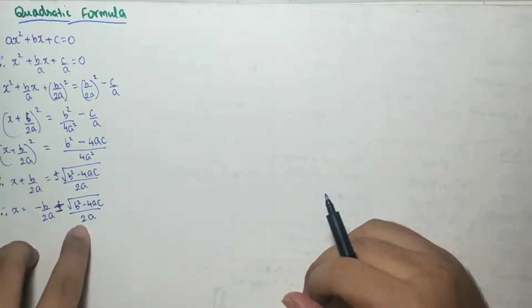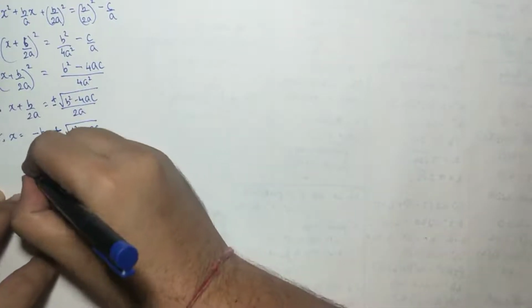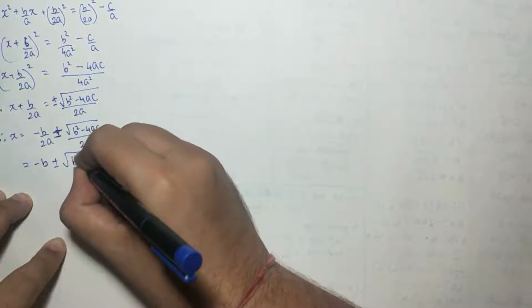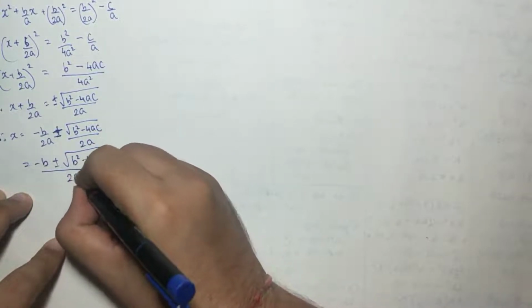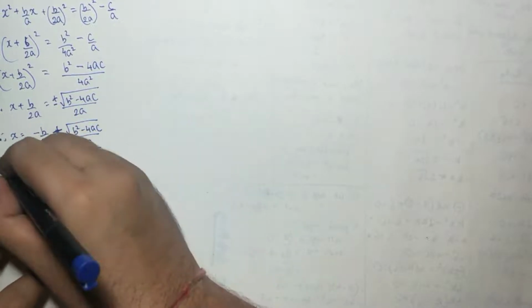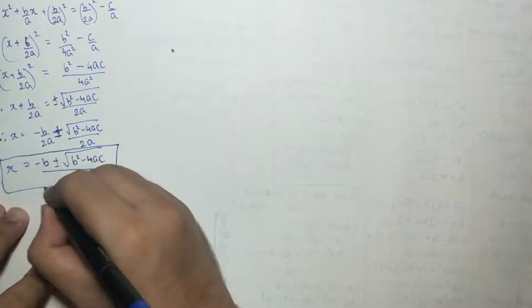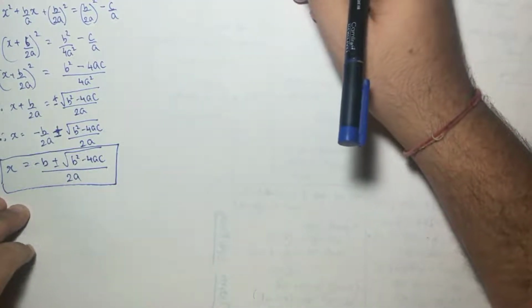As you can see, the denominators are the same, so we don't need to find the LCM. Directly we can write x equals minus b plus or minus under root b square minus 4ac upon 2a. This is known as the quadratic formula.